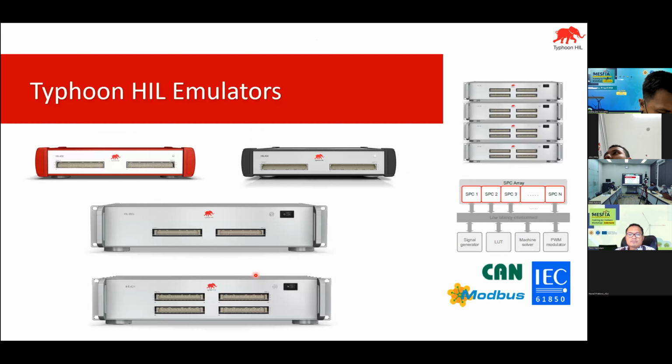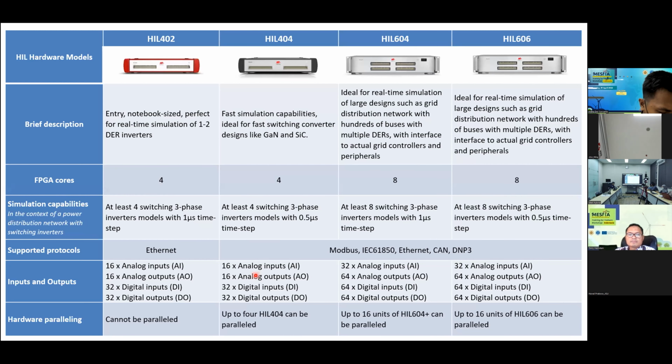We have a series of Typhoon Hue hardware emulators, ranging from a small one where you can test a simple three-phase inverter, to a huge one like what UGM has got, the Hue 604, for large-scale grid simulation. You can test eight switching three-phase inverter models. What that means is that you can test a microgrid.